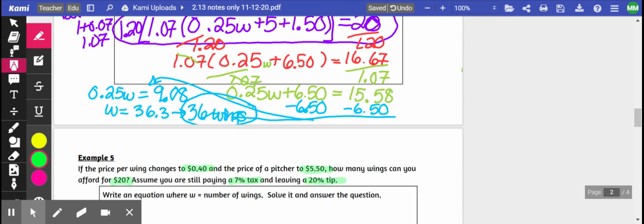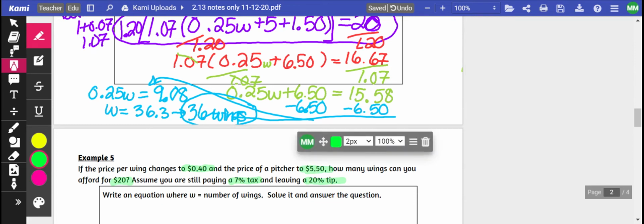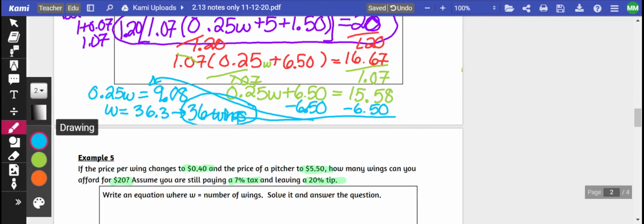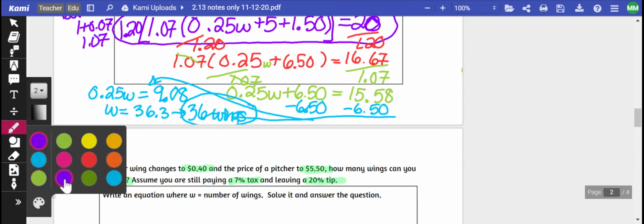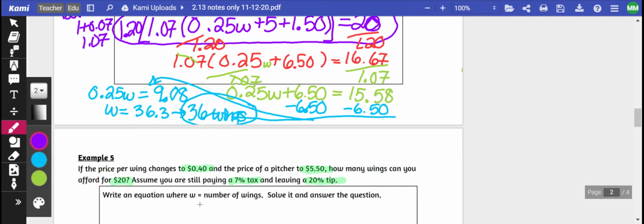So the only things that have changed are the price per wing and the $5.50 price for the pitcher. It also doesn't ask us to include the dressing. So when I write this one, I'm going to have 40 cents for each wing plus $5.50 for the pitcher.